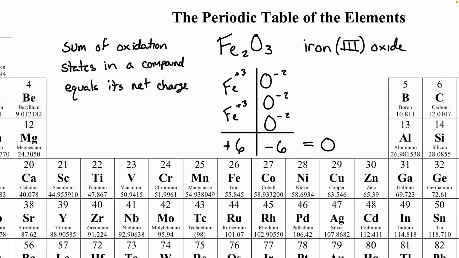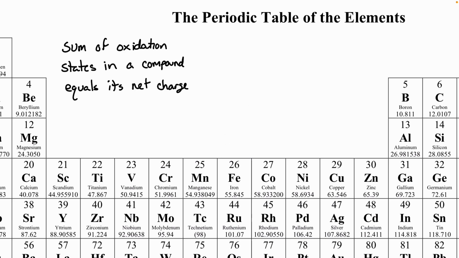All right, so let's do one more. A cobalt chloride complex here, CoCl4 with a -2 charge. Everybody take a second and tell me what the oxidation number is of cobalt.